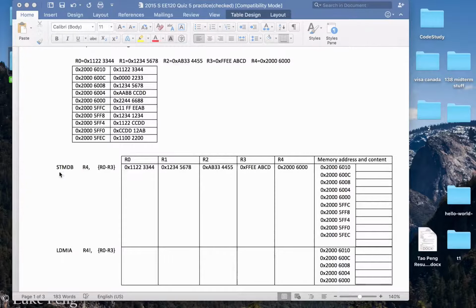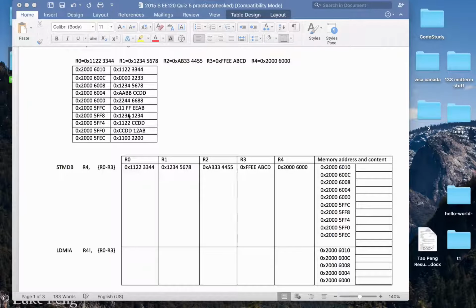So first I look at R4. What's the value of R4? It's 20006000. So I go to my memory bank and find the same number as the address.